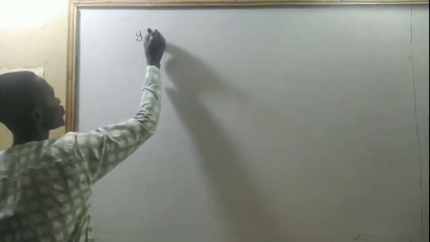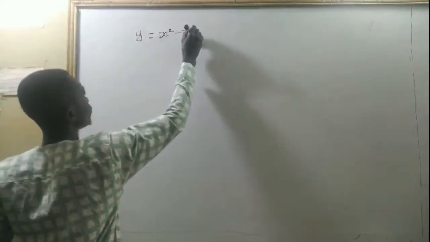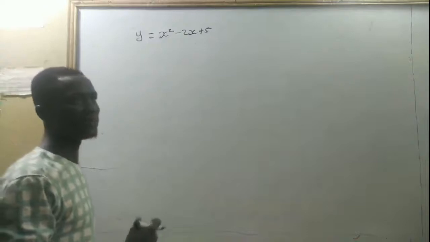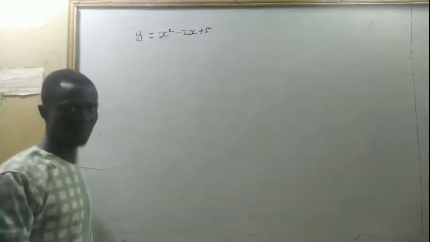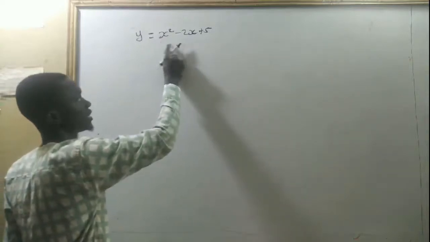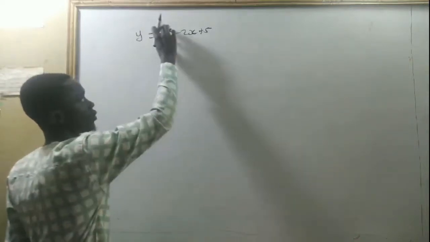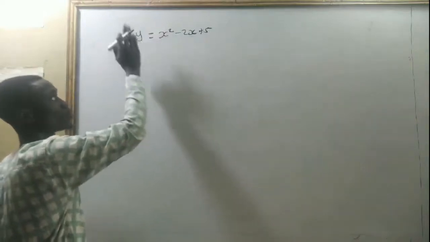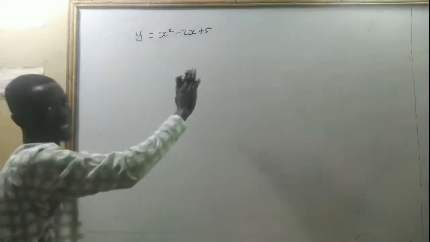Now, if I have y is equal to x squared minus 2x plus 5, here we say that y is being explicitly defined, because if I put in, let's say, x is equal to 1, I will not worry myself rearranging this to make y the subject, because y has already been made the subject.